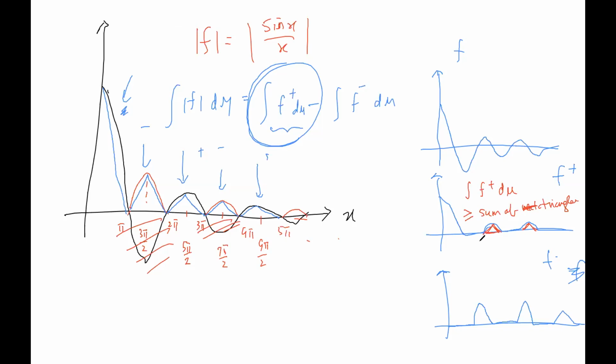So this is pi, 2 pi, 3 pi, 4 pi, 5 pi, and so on, right? The rectangle between 2 pi and 3 pi, the rectangle between 4 pi and 5 pi, and so on, yeah.